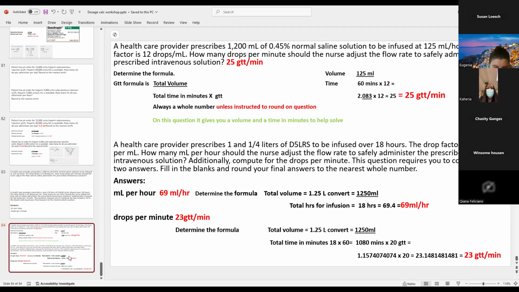Can you do the first one? Yep. You're gonna move it out.